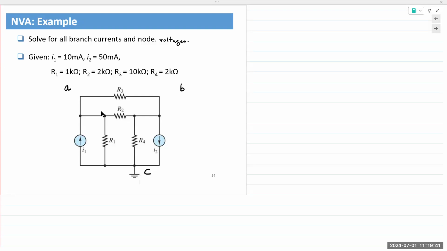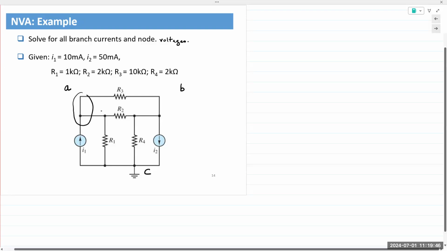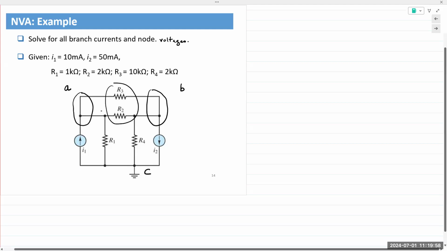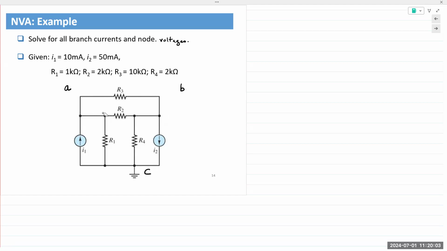They are in parallel. R3 is connected to A, and so is R2. And they're also both connected at B. So even though it doesn't look like it from the diagram itself, R3 and R2 are in parallel. It's tricky and a little hard to see directly from the visual image, but they are in parallel.